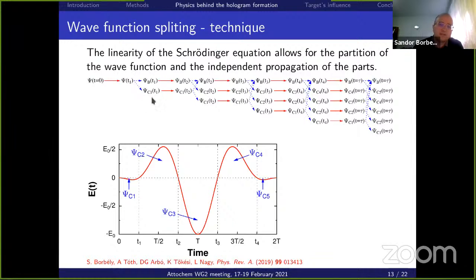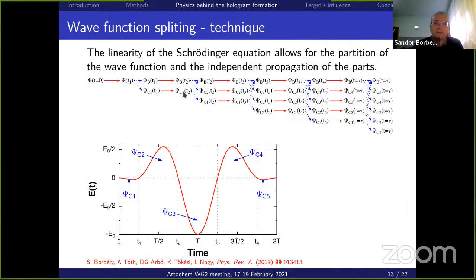So basically, this C1 wave function contains the continuum electron wave packet created during this first peak of our driving field.